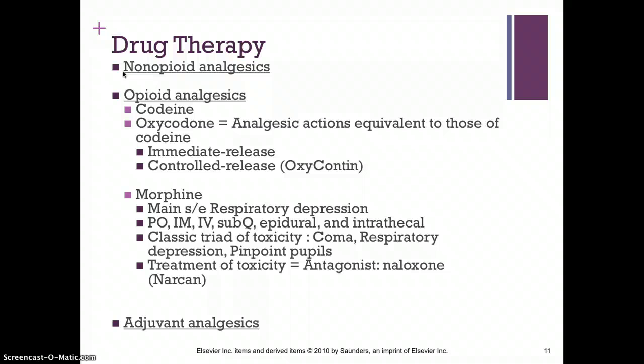So something like tricyclic antidepressants, with the example being amitriptyline or Elavil, E-L-A-V-I-L, those work really well sometimes as adjuvants, so not alone, but in conjunction with an opioid. The other anti-seizure medication examples are Tegretol or Neurontin. Those both work well, especially for neuropathic pain.